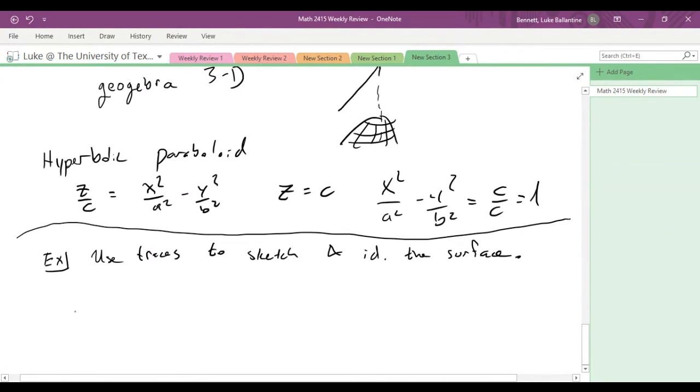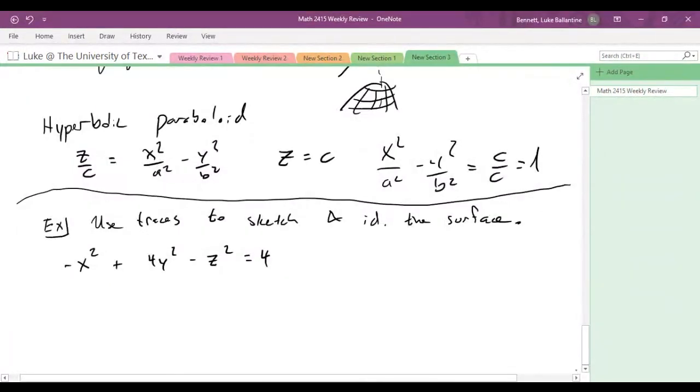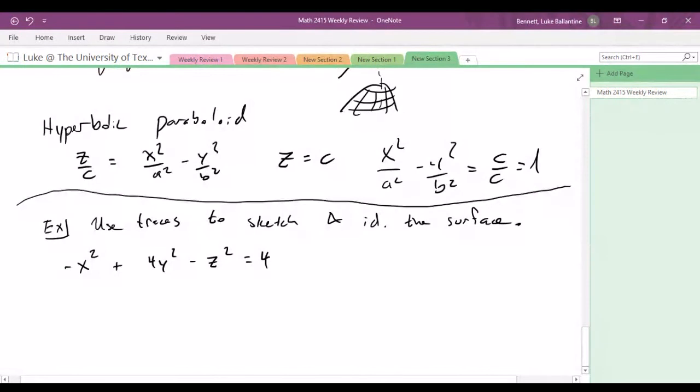Okay, now we have, let's see, negative x squared plus 4y squared minus z squared is equal to 4. What quadric surface is this? What surface is this?